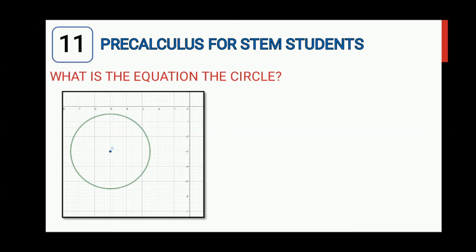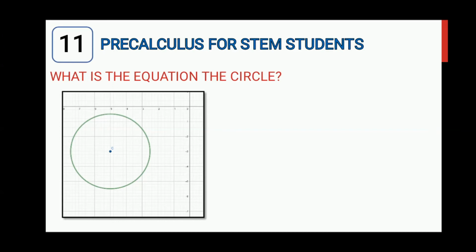Now we can have our third example. What if we have this equation? The graph of the circle is located in the third quadrant. So we don't have a positive value. We just have both negative values. Our h should be negative and our k is also negative.